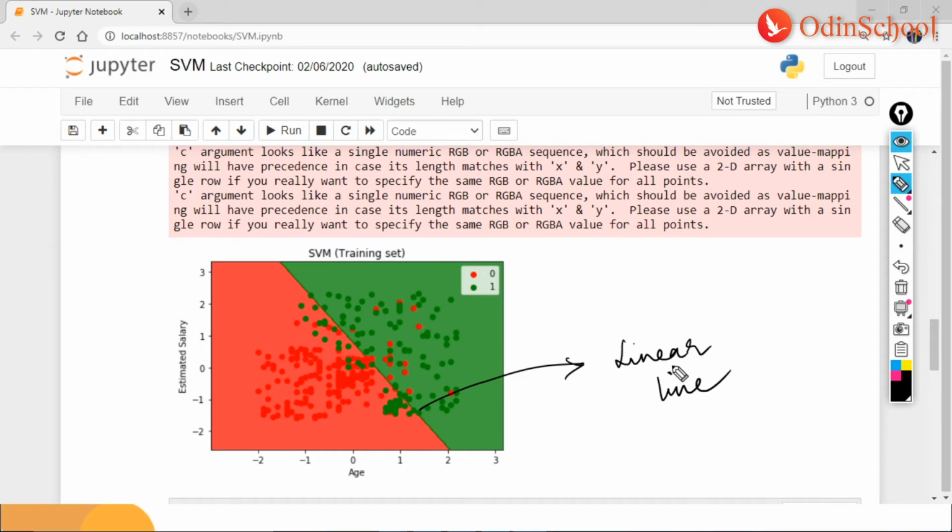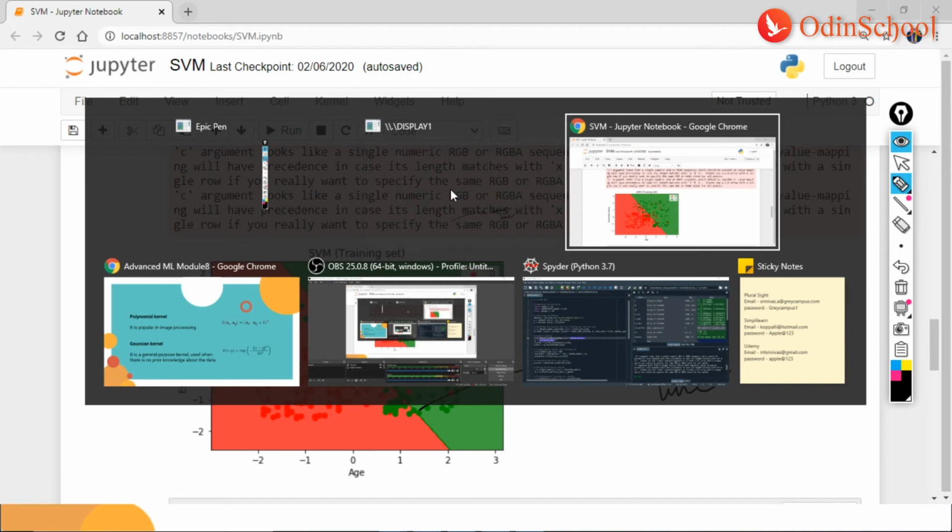This is a linear line, right guys? But what would it be like when we move on to SVM? Like how would RBF or probably Gaussian, how would they react? Now this is something that we would have to find out in the video as we keep going forward.